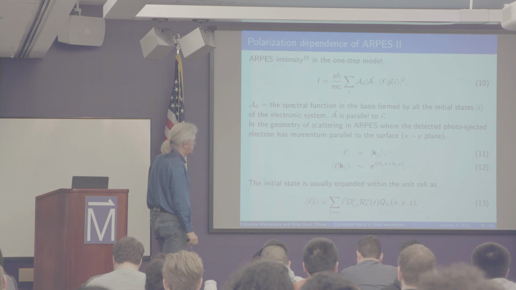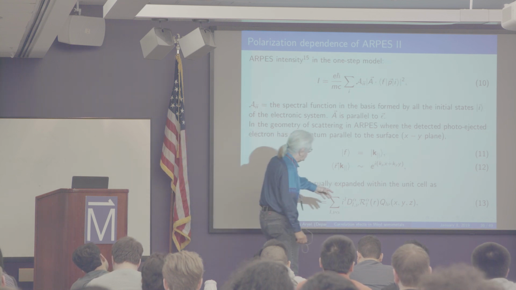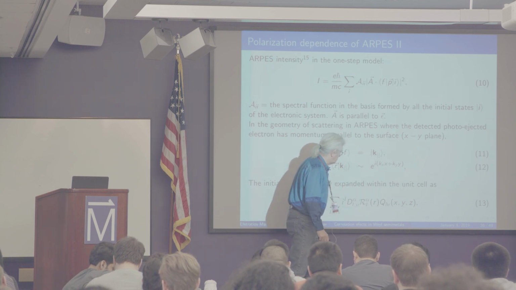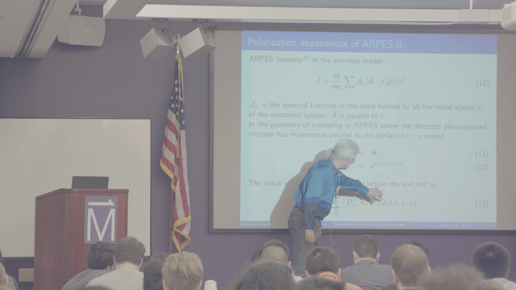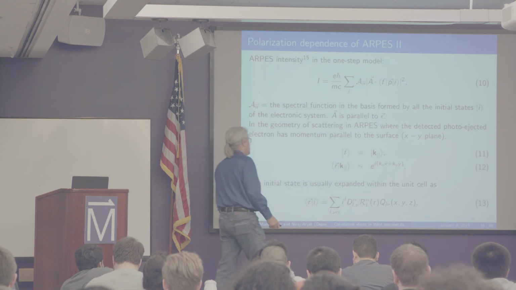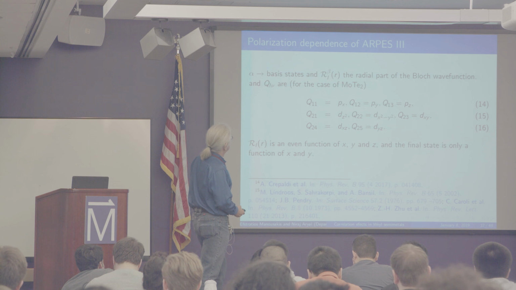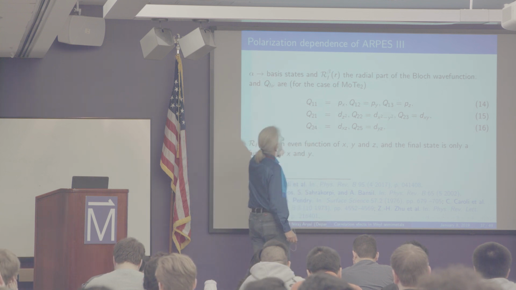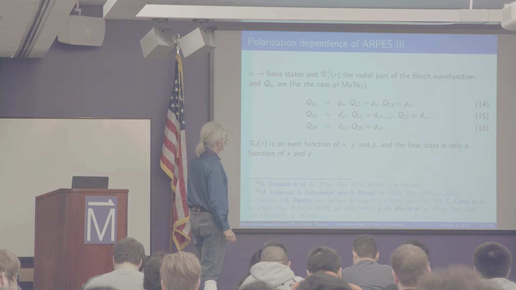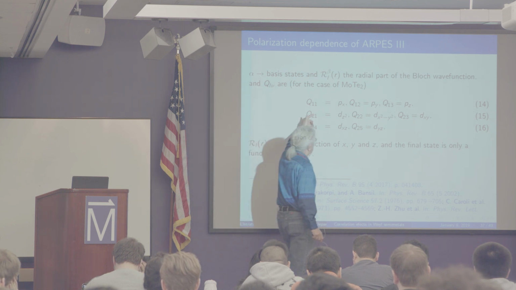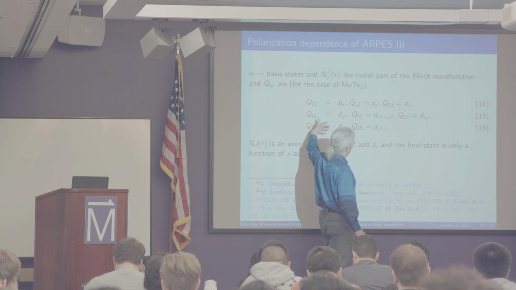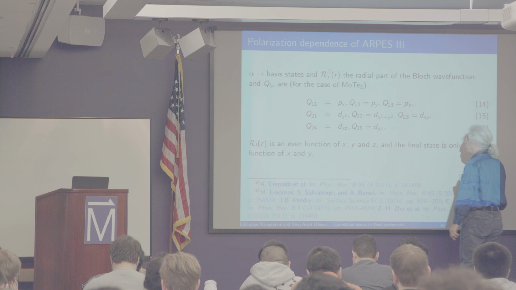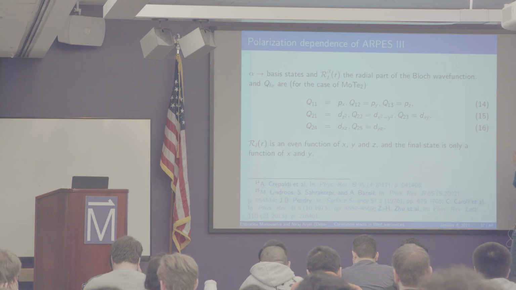This is a very general expansion. Except the radially symmetric part, you have the angular orbitals, px, py, pz, and from the 5d you have dz squared, dx squared minus y squared, dxy, dxz and dyz.